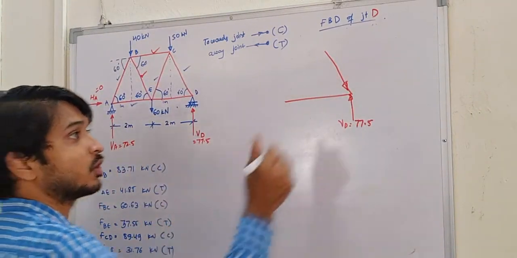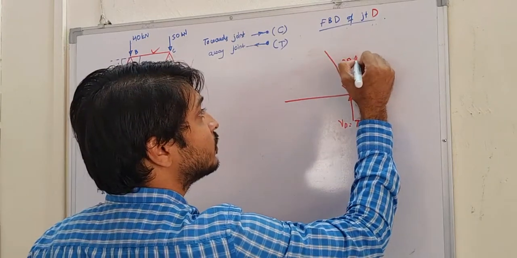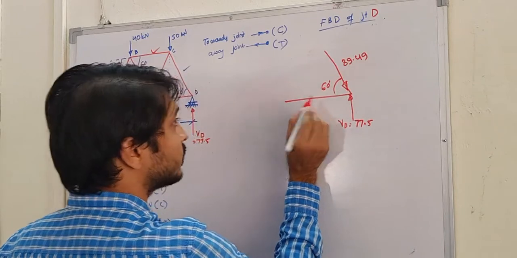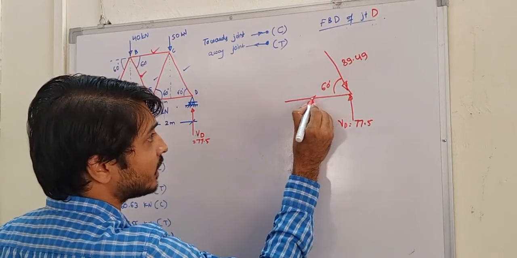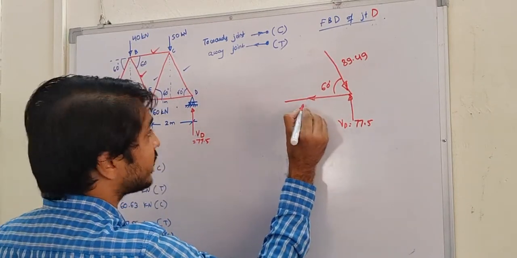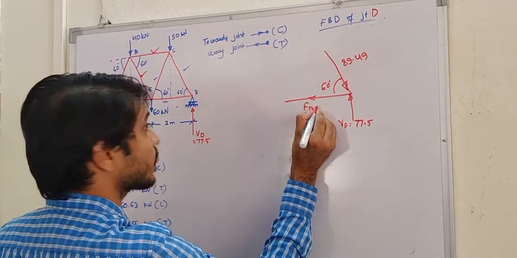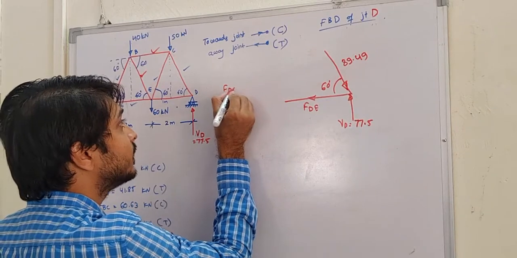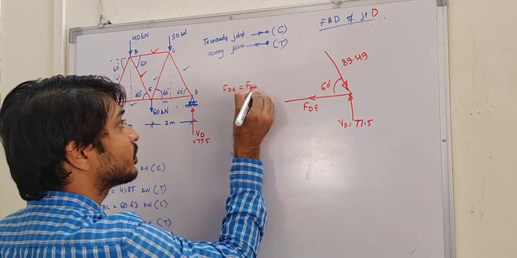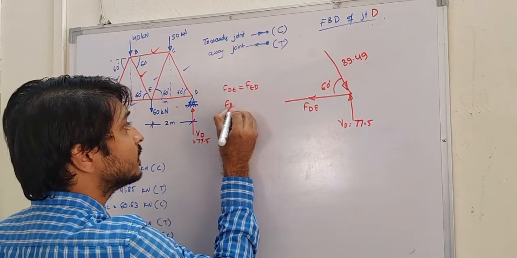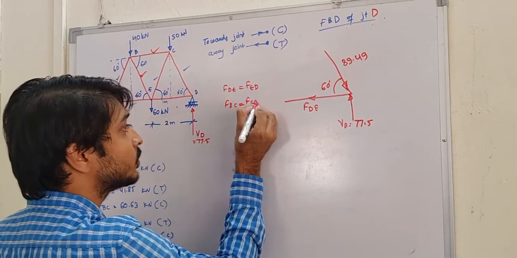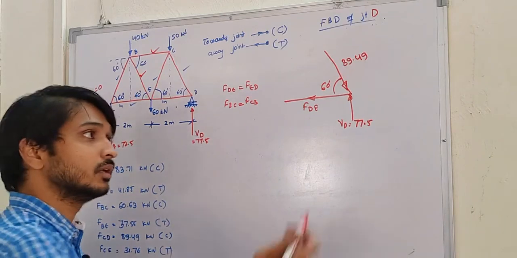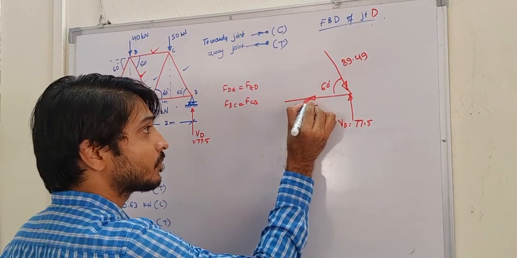FCD 89.49, so this is 89.49, and we know this angle, it is 60 degrees. So only unknown is this one. Okay, so I'll assume again tension, and FDE. Okay, so don't get confused. Sometimes FDE is equals to FED, both are same, or like FBC is equals to FCB, both are same. Okay, don't get confused. So all these are same. So here FDE.